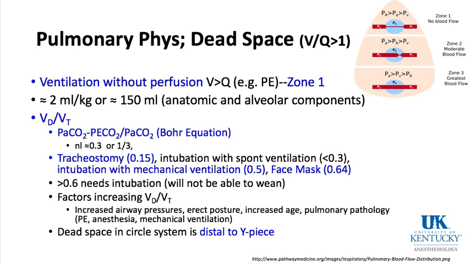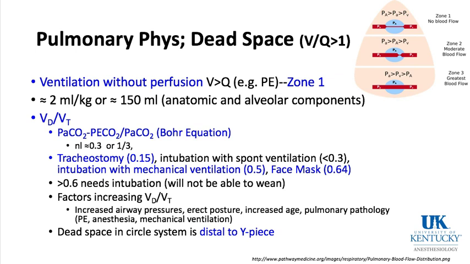Where is dead space in the circle system? It is distal to the Y piece. And if you add extra corrugated tubing, assuming that you have normal inspiratory and expiratory valves, this does not add dead space. So if the patient's head is turned away and you have extra corrugated tubing stretched out, dead space still remains just distal to the Y piece, assuming that you have normal inspiratory and expiratory valves functioning.